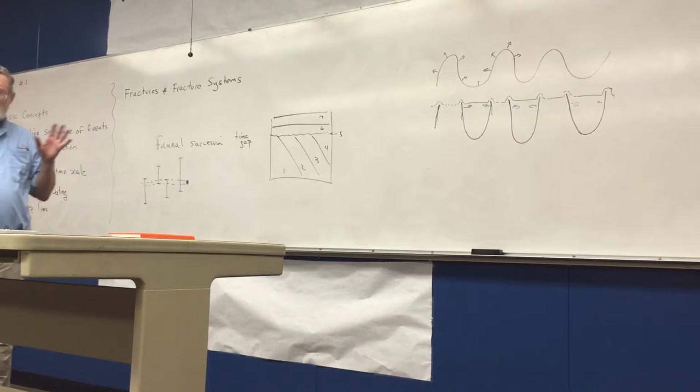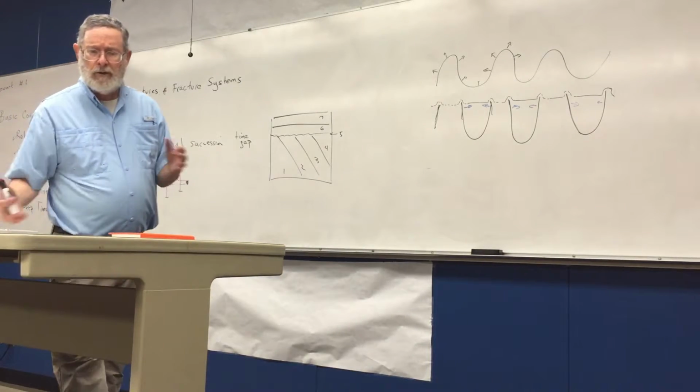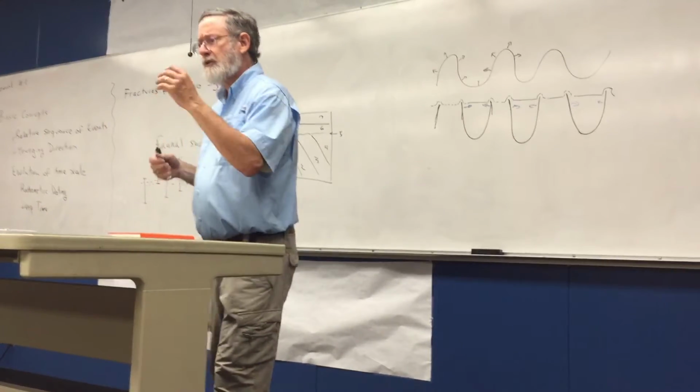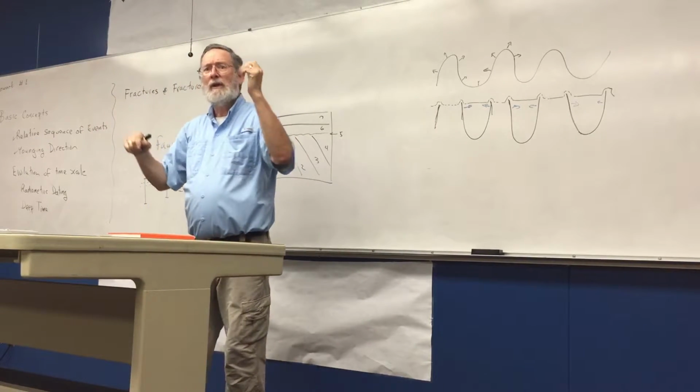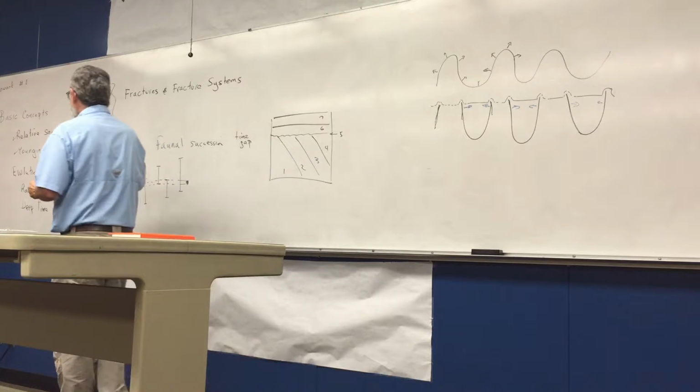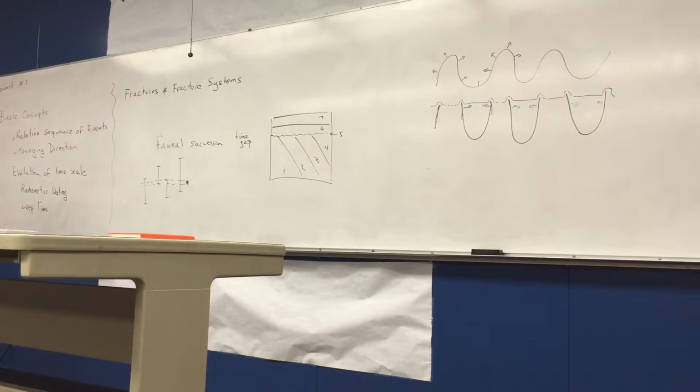Now, we've discussed the time scale very briefly. If you look at your evolution of the time scale handout, that 11 by 17 sheet, the relative sequence of events is something that geologists have worried about and thought about for a very long time.